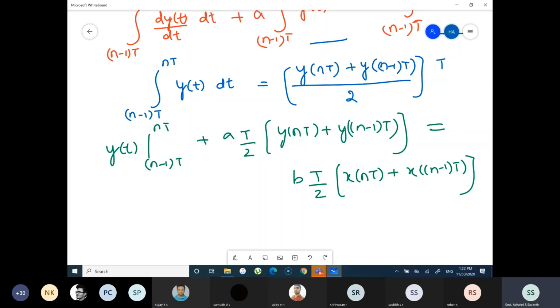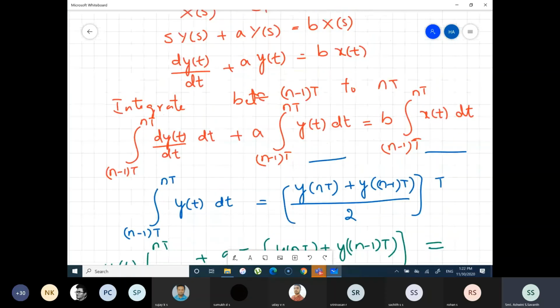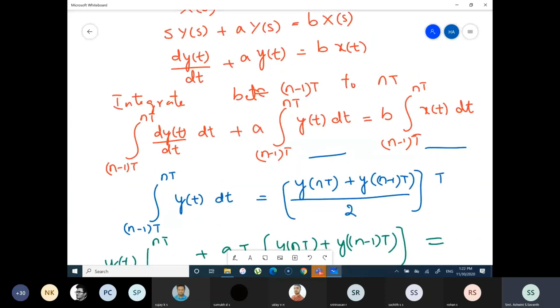And now you can see that the differential equation which we had here, that is dy of t by dt plus a y of t equals b x of t, we are trying to convert it to a difference equation. Why a difference equation? Because we are talking about converting the analog to a digital filter. We're talking about a transformation of analog to digital.